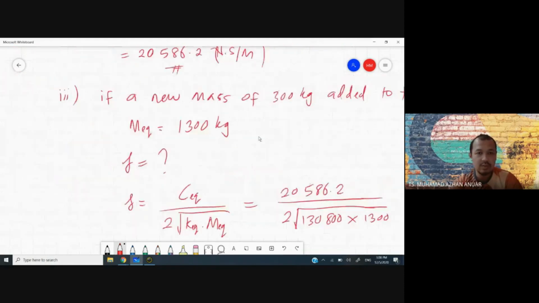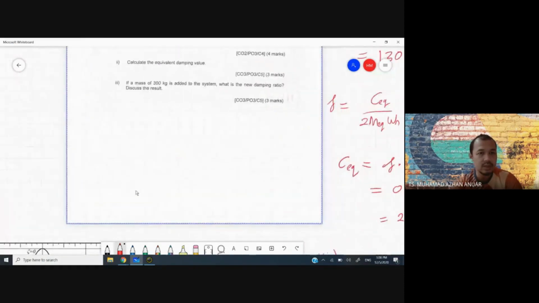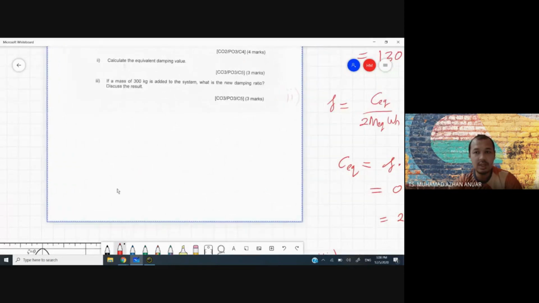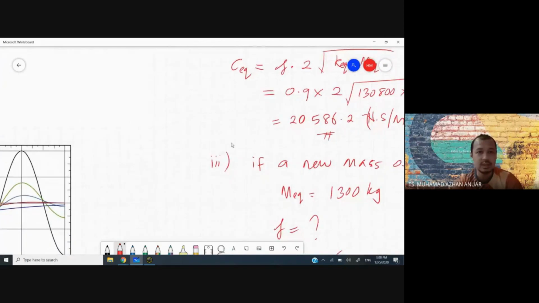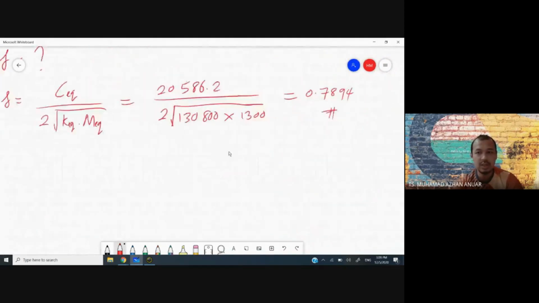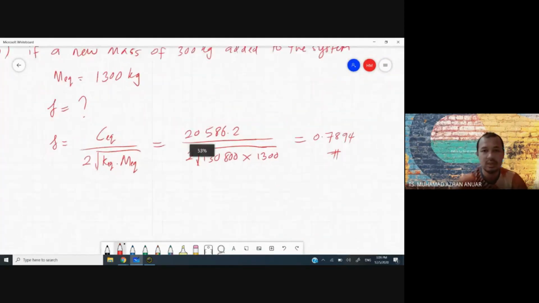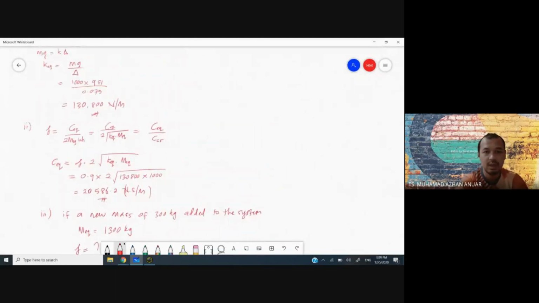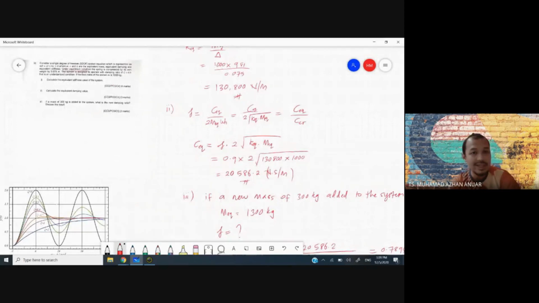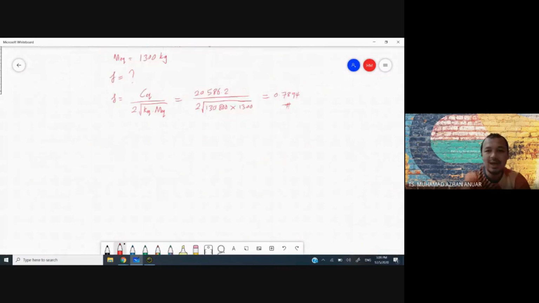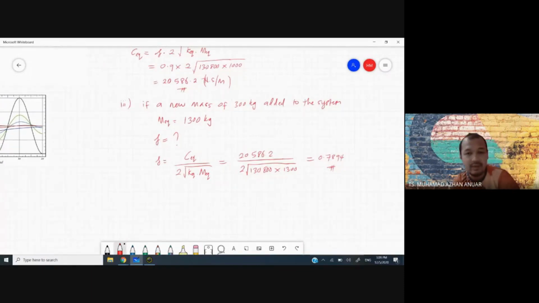The question asks you to discuss the result. What you can see from these two is that at the beginning, at 1000 kilogram, you have a damping ratio of 0.9, but at 1300 kilogram, you have a damping ratio of 0.7894.